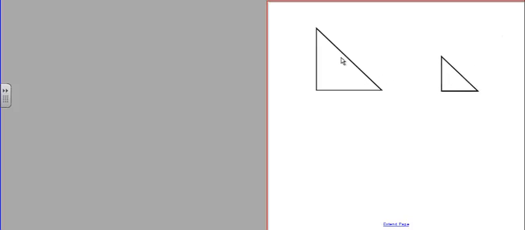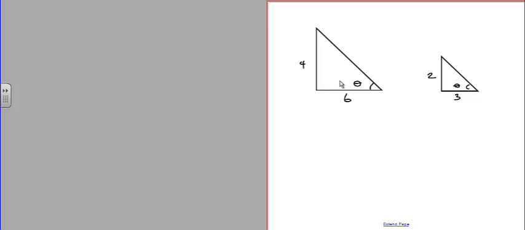So let's say this is the angle theta, and we have the same angle theta over here. And let's say I give you the two sides. Let's say this is 2 and this is 3 and this is 4 and this is 6.